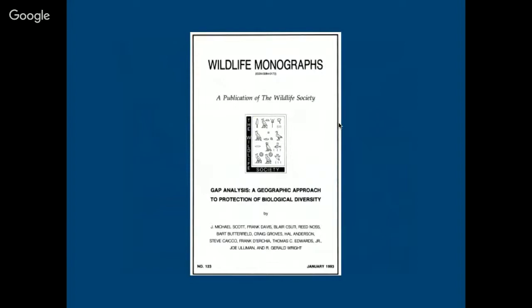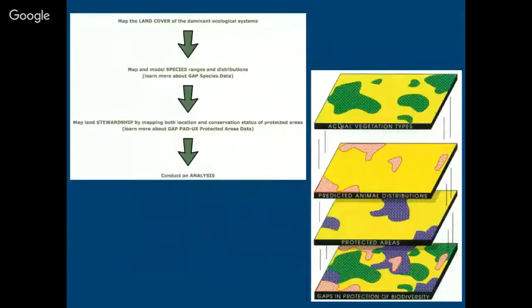Now, another line of work that goes back quite a ways is this idea of gap analysis. Here's an early publication, Gap Analysis, a Geographic Approach to Protection of Biological Diversity.